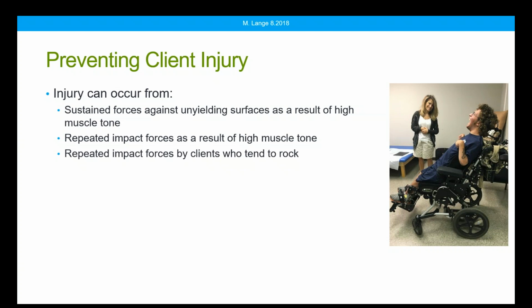He has come to pretty much a fully straight position, and it's up to that dynamic seating system to assist him back into a starting position in a seated position. But he is perfectly capable, because of his diagnosis of cerebral palsy and a great deal of extensor tone, of assuming this position and sustaining this position for a long amount of time. This young man, before he received dynamic seating, had repeatedly broken his equipment.